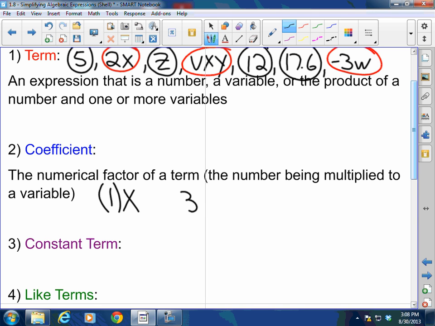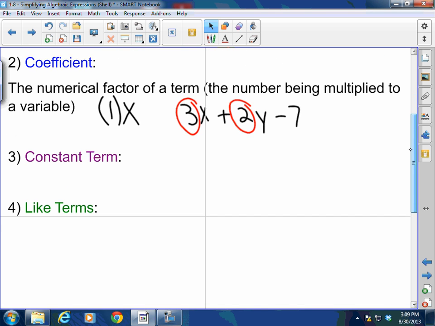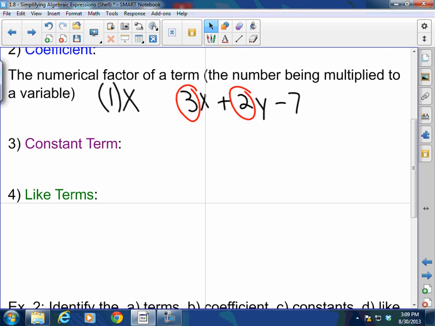If I have 3x plus 2y minus 7, the 3 is a coefficient because it's being multiplied to x. The 2 is a coefficient because it's being multiplied to y. The 7 is not a coefficient. That's called a constant, and we'll get to that in a second. Actually, the next one. So a coefficient is the number being multiplied to a variable term. It's the number in front of the variable.